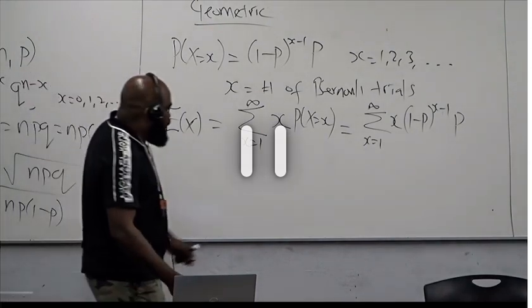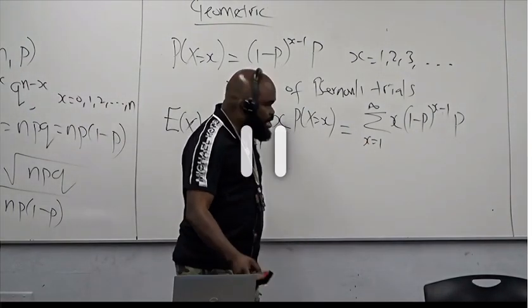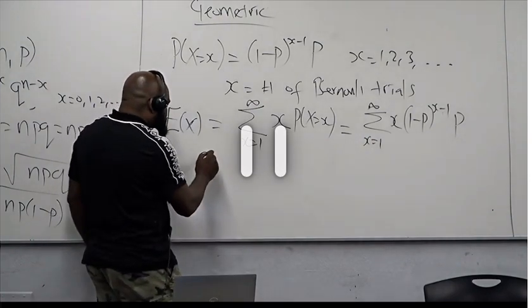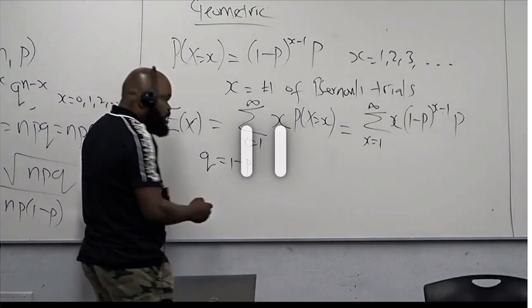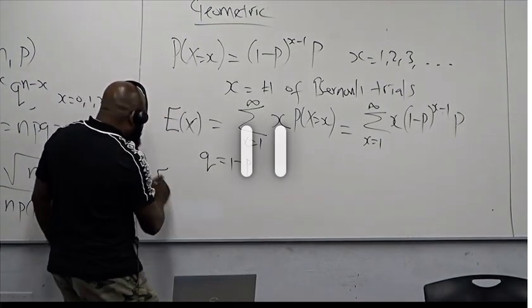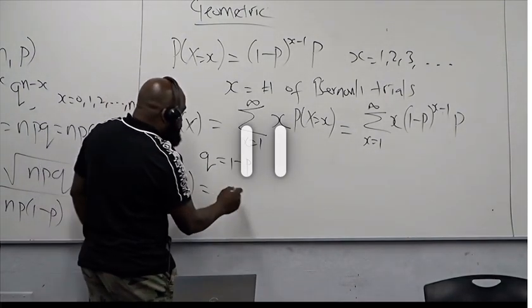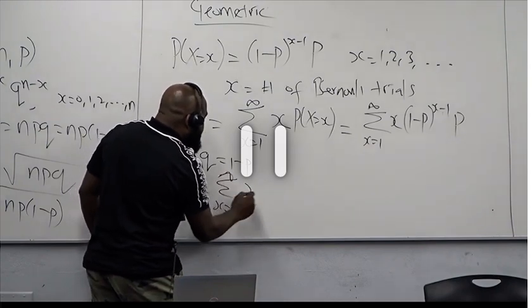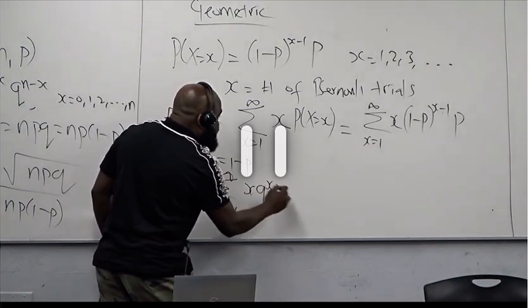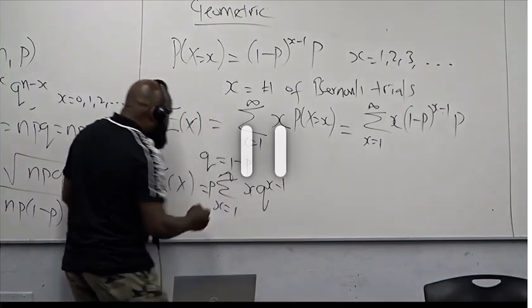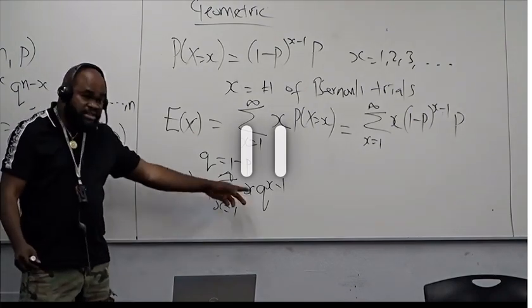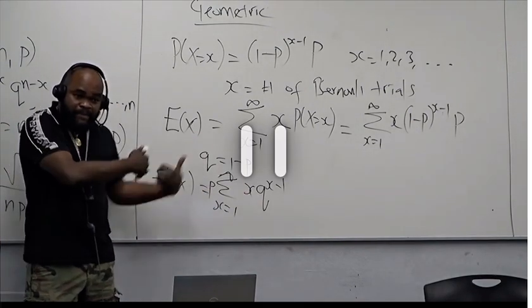Now if you take a look at what I have, you know that q equals 1 minus p, right? I can write the expected value of X equals the summation x start from 1 to infinity of x times q raised to the power x minus 1. Then I put a p outside here because that p is a constant, right? p is a constant, it doesn't depend on x, so I bring it outside.